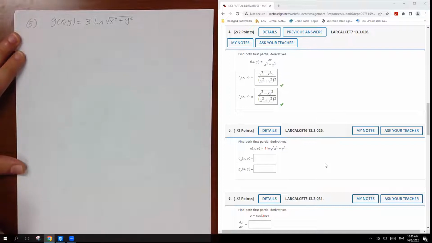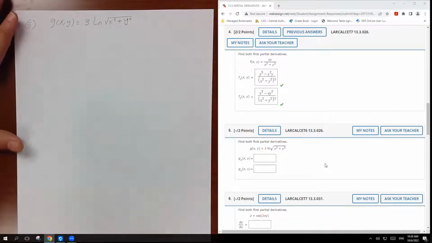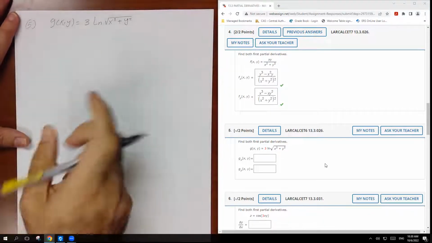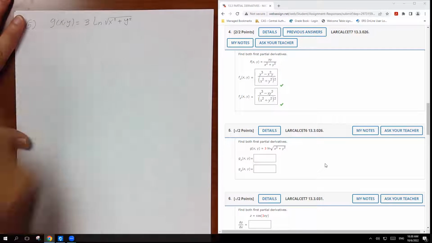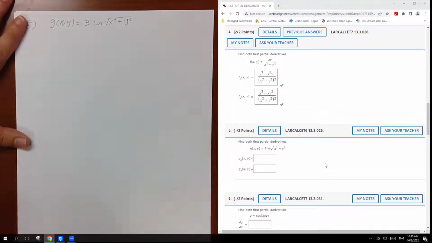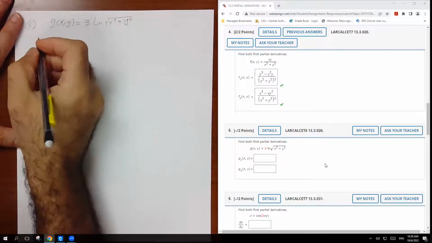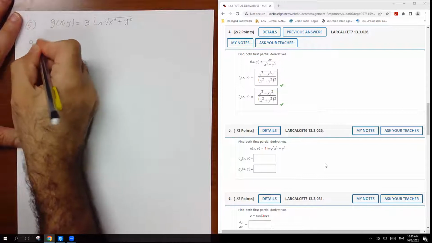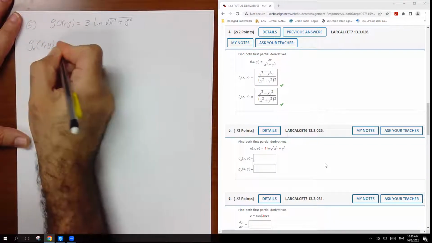So let's check how we're going to solve example 5. The derivative for the ln is going to be the function 1 over x times the derivative of inside. So first of all, we need to find the derivative of g with respect to x, g sub x of x y.